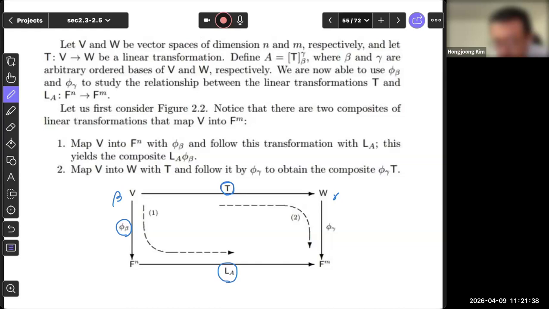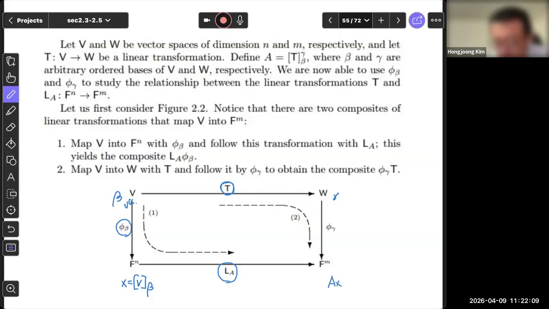Okay, so here given any V vector here, then x is the coordinate of V with respect to beta. L sub A maps this x to A times x.